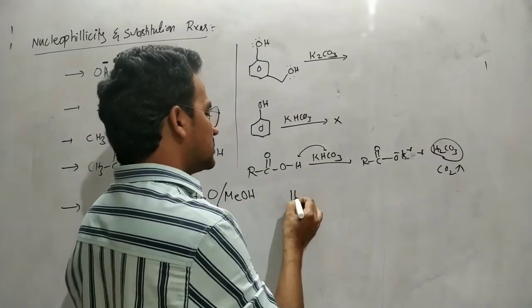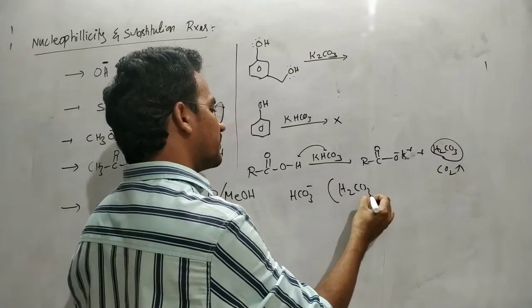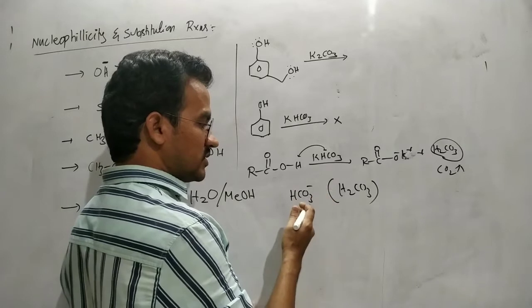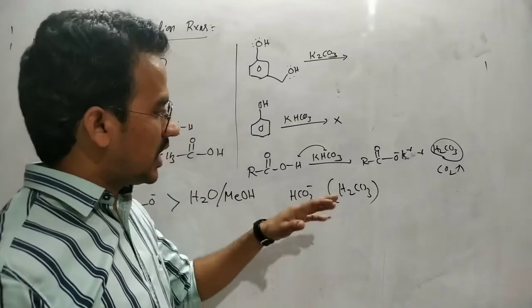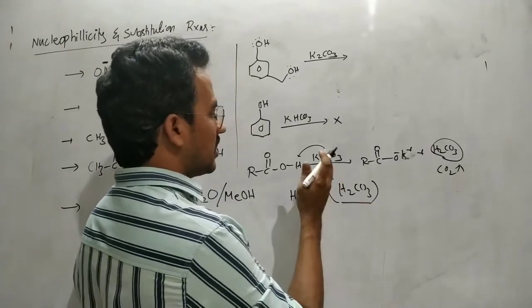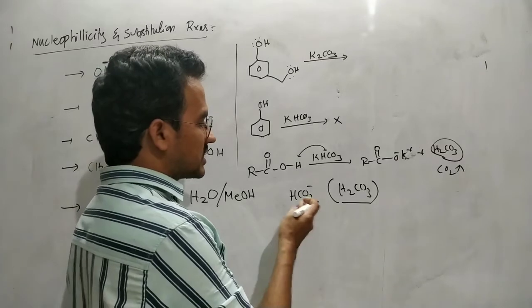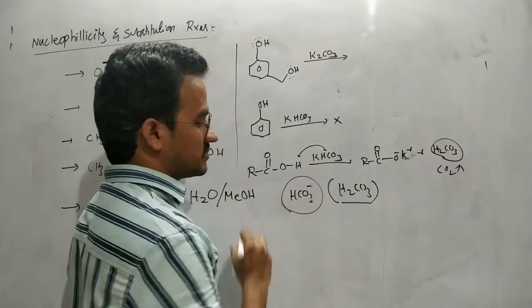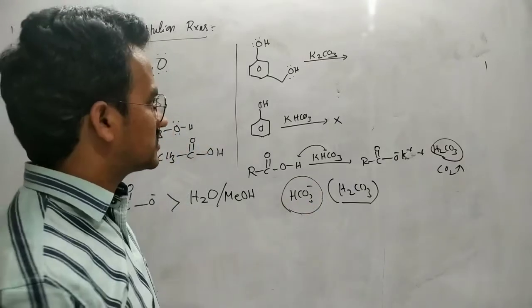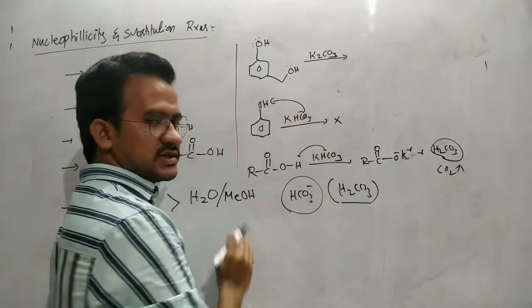Generally HCO3 minus is the conjugate base of H2CO3. Carbonic acid is a stronger acid than phenol. So in this case the conjugate base is a weaker base, and this weaker base cannot remove the H plus from the weaker acid.